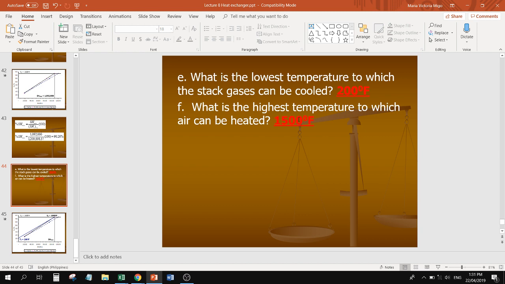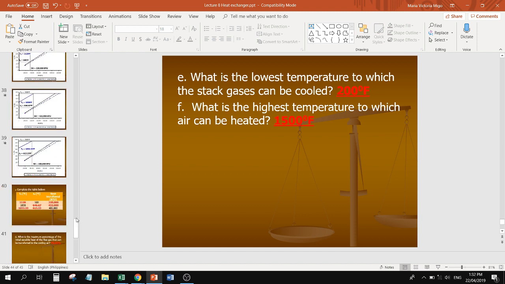In parallel flow heat exchanger, the air cannot reach the initial temperature of the flue gas, but for countercurrent heat exchanger, its maximum temperature can be the initial temperature of the flue gas. Of course, it does not really attain that temperature, but it approaches that temperature. Okay, so that ends the lecture on countercurrent heat exchanger.